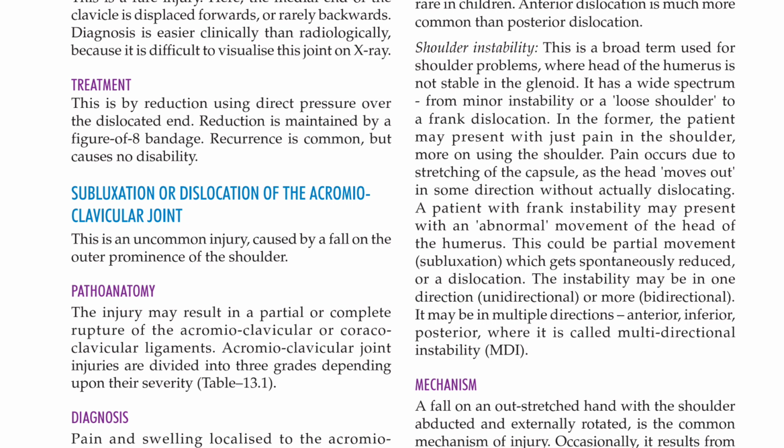As the head moves out in some direction without actually dislocating, a patient with frank instability may present with abnormal movement of the head of humerus. This could be partial movement, subluxation, which gets spontaneously reduced, or a dislocation.